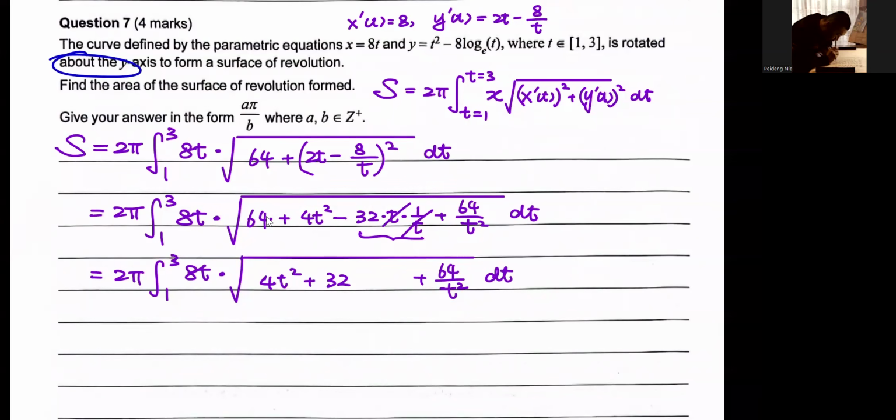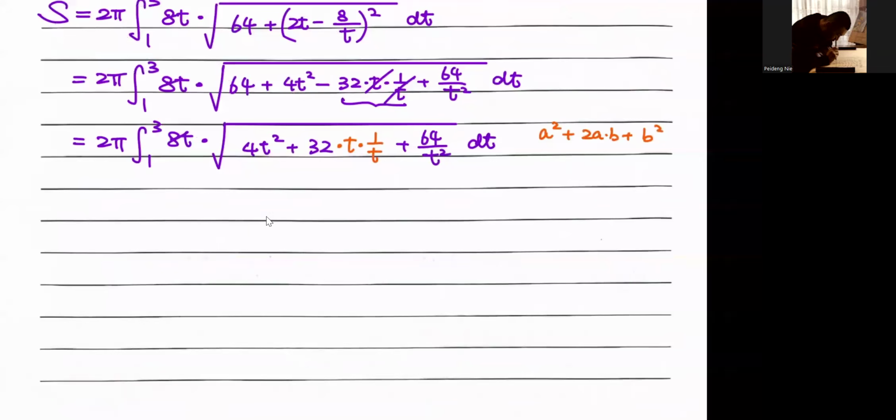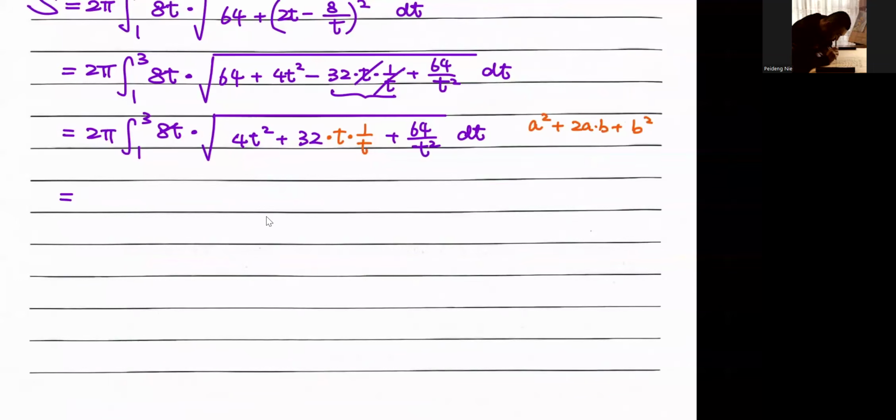And the trick is you recreate a middle term in the form of a squared plus 2a times b plus b squared, something along this line, okay? You can just write, let's say, you've got a 16 pi 1 to 3 t times square root of 2t plus 4 over t whole thing squared dt, okay?